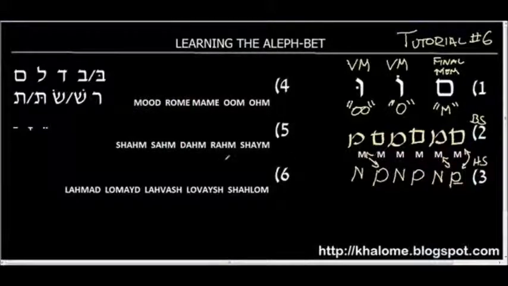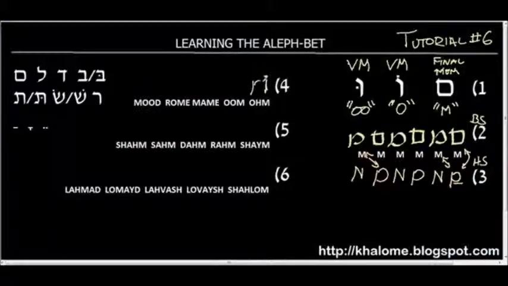So let's work through some with the new vowel marks we just learned. So let's stick to the handwriting script. So in exercise 4, all we're going to do is use these 2 new vowel marks with the mem. If we wanted to write something equivalent to om, then we would use, in the handwriting script, I just use a straight line for the vav, and then put the dot at the top, and that gives the equivalent of the O, the vowel mark.